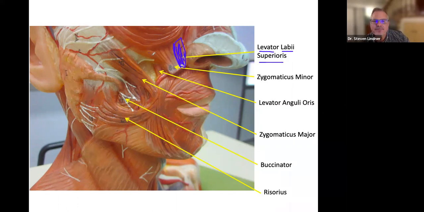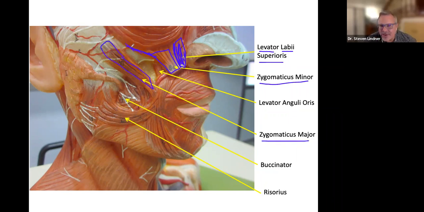Adjacent to it, going this way, because it originates right there near the zygomatic, we have a zygomaticus minor, and then below it, a zygomaticus major. That's because they both originate right there on the zygomatic bone.